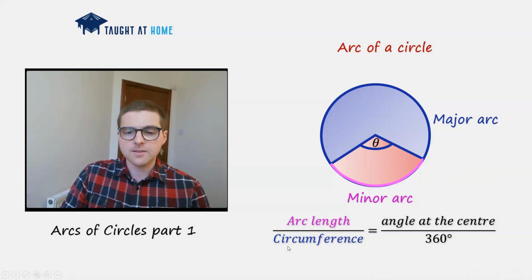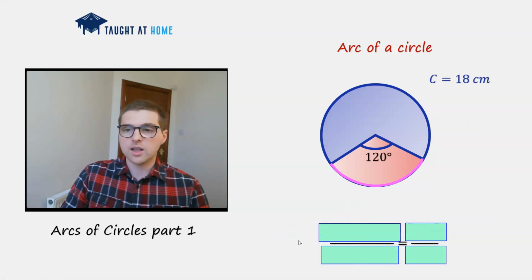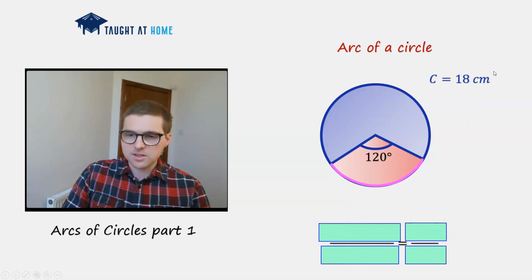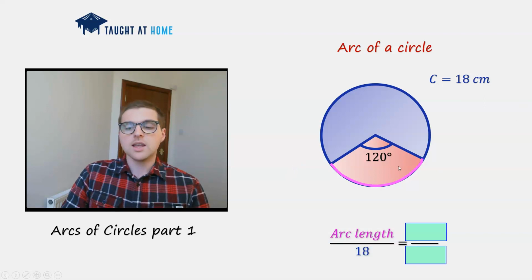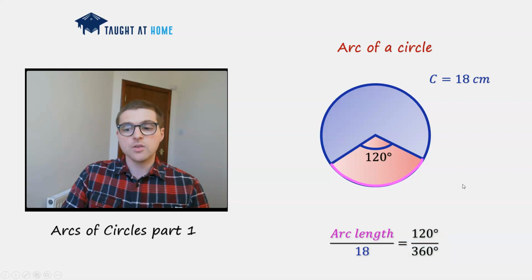So what we can say is, if we were to find the arc length here for a circumference of 18 centimeters, and we're given a center angle of 120 degrees, then the arc length divided by 18 centimeters is the same as 120 degrees divided by 360 degrees.